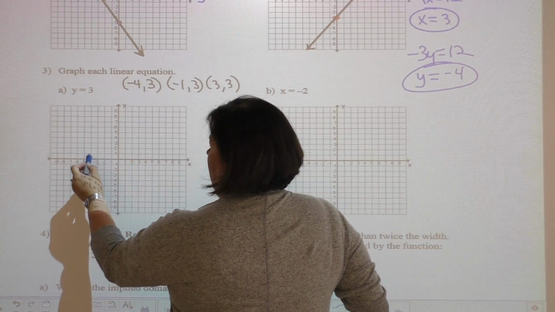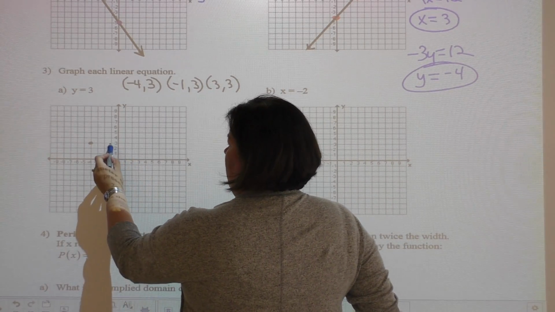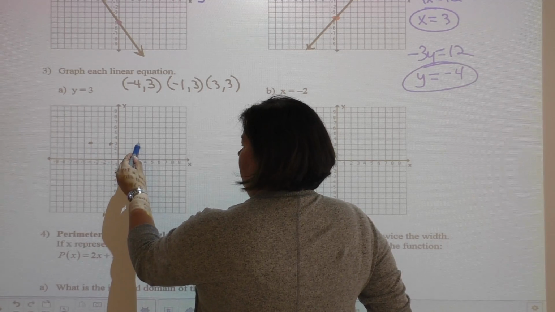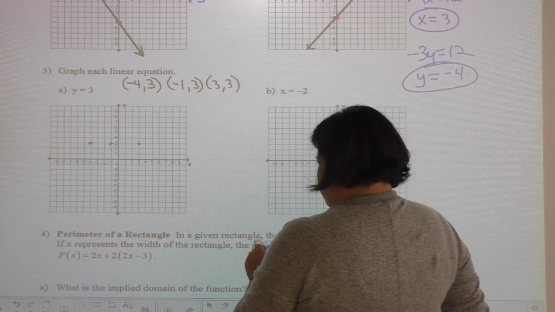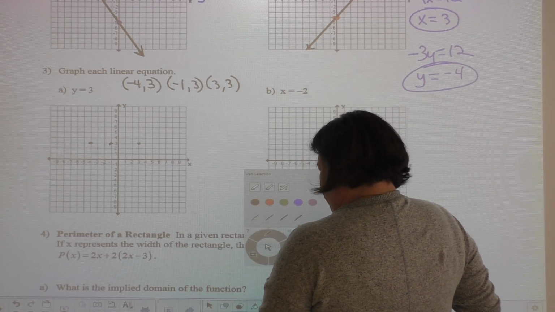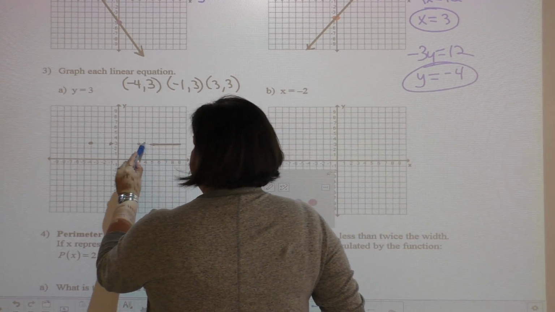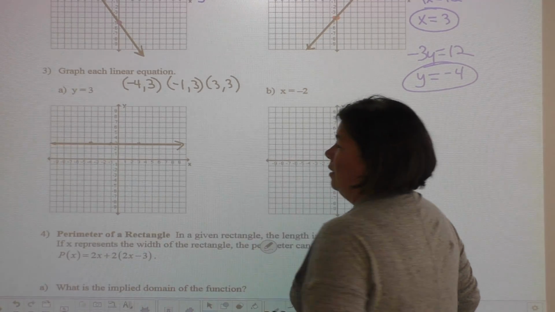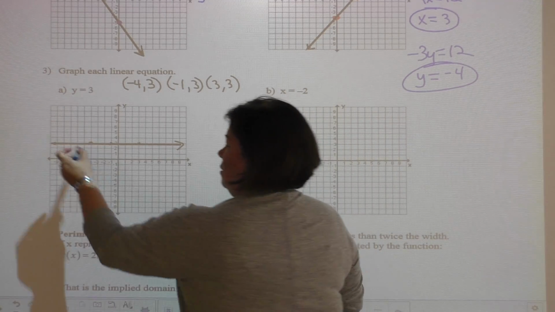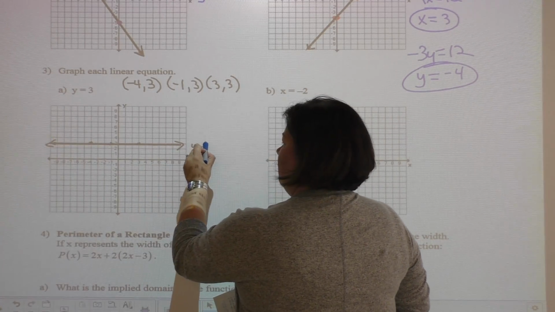Okay, so you can go ahead and plot these. So -4, 3, -1, 3, 3, 3. And if you connect those points, you will see that you will end up with a horizontal line. And that horizontal line is at the equation y equals 3.